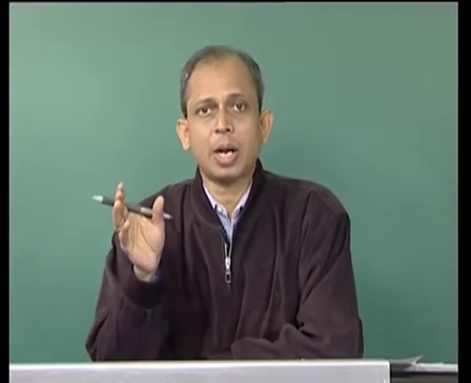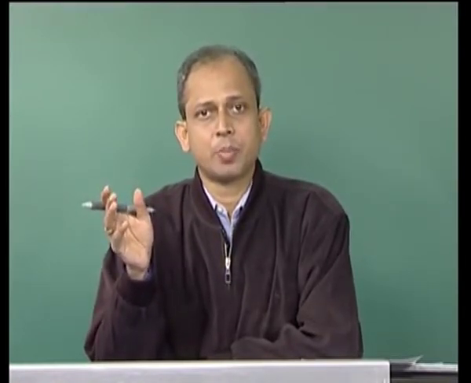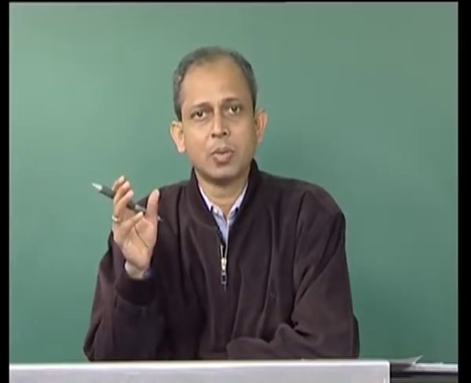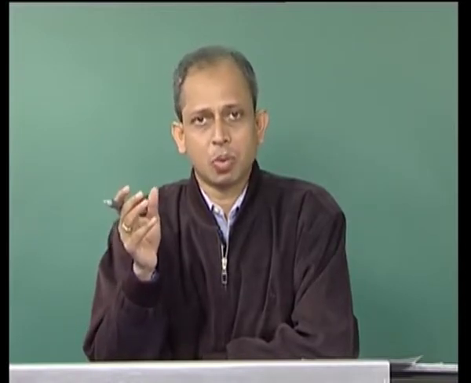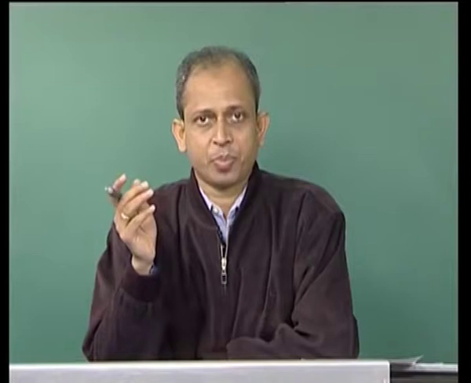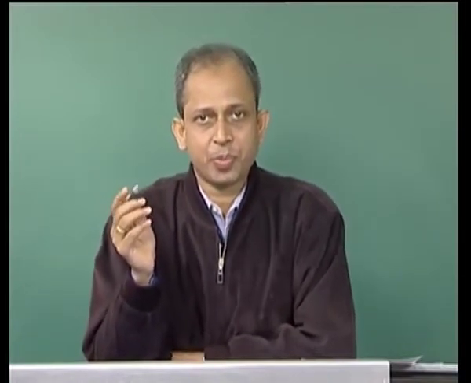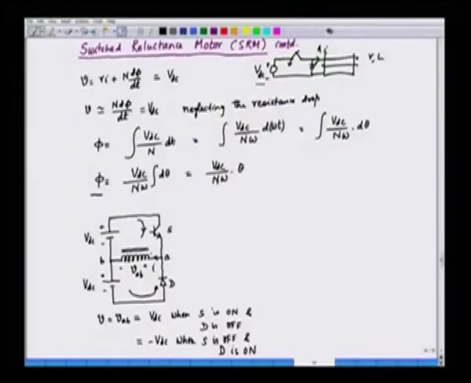So, by controlling this current, we can control the torque, because we know that the torque is proportional to I squared. It is in fact half dL/dθ into I squared. So, if we can control I, we can control the torque. Now, how to control I in a proper way? Because I has to exist only during positive dL/dθ. So, in fact, if we see the diagram here, that will be clear.